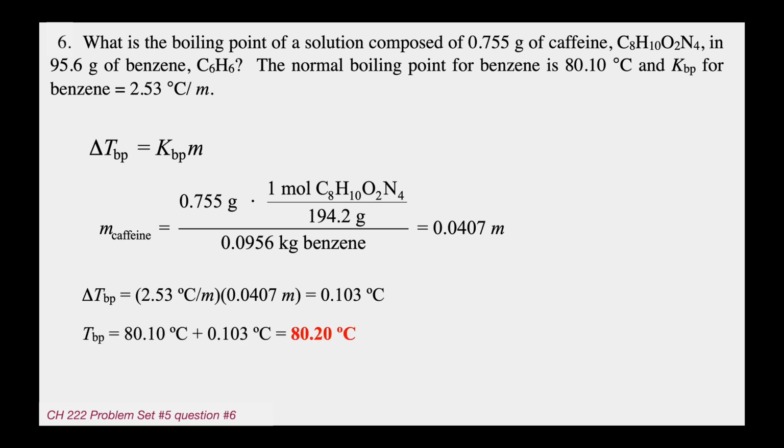So 80.10 plus 0.103, we have to cut it off at the hundredths mark because that's the doubtful digit, all that kind of stuff. 80.20 degrees Celsius. So the boiling point of the solution is higher than the boiling point of the pure solvent. And this is what they call boiling point elevation.